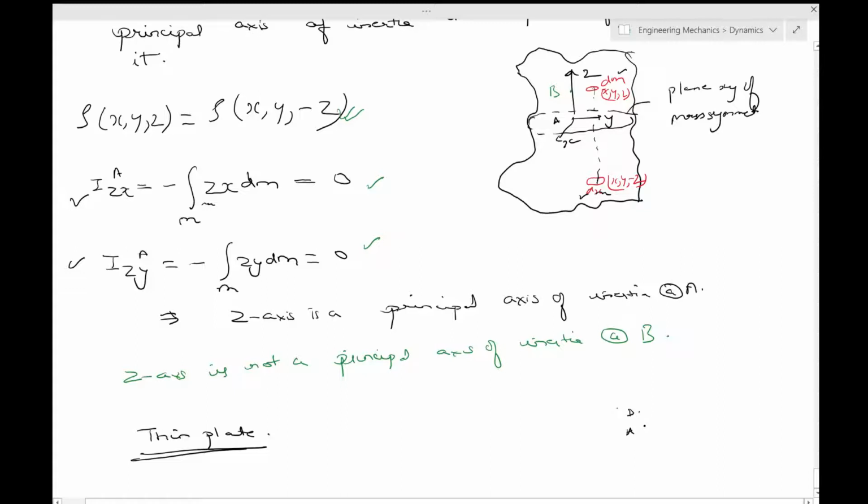For a thin plate they overlap because it is so thin that you cannot distinguish between any two points over here, and hence for a thin plate, all of this is true.